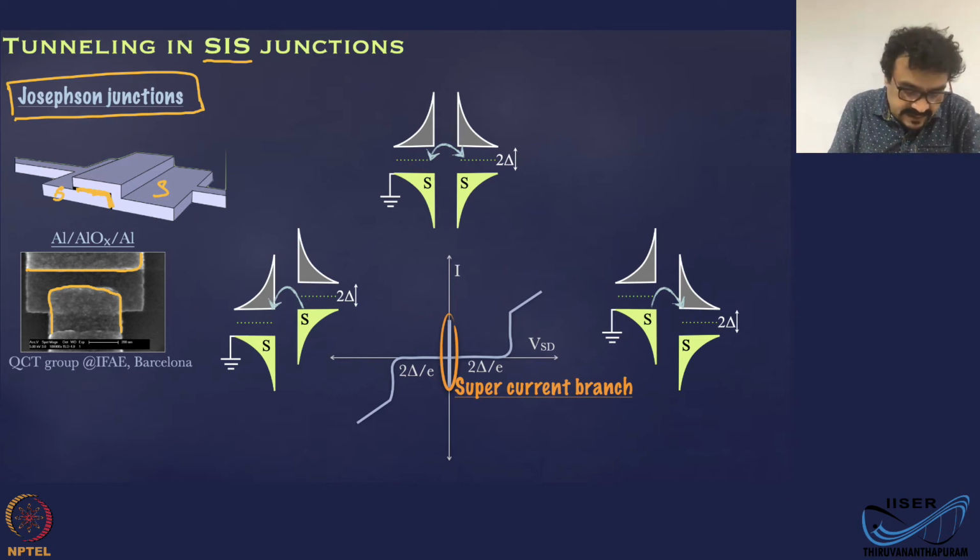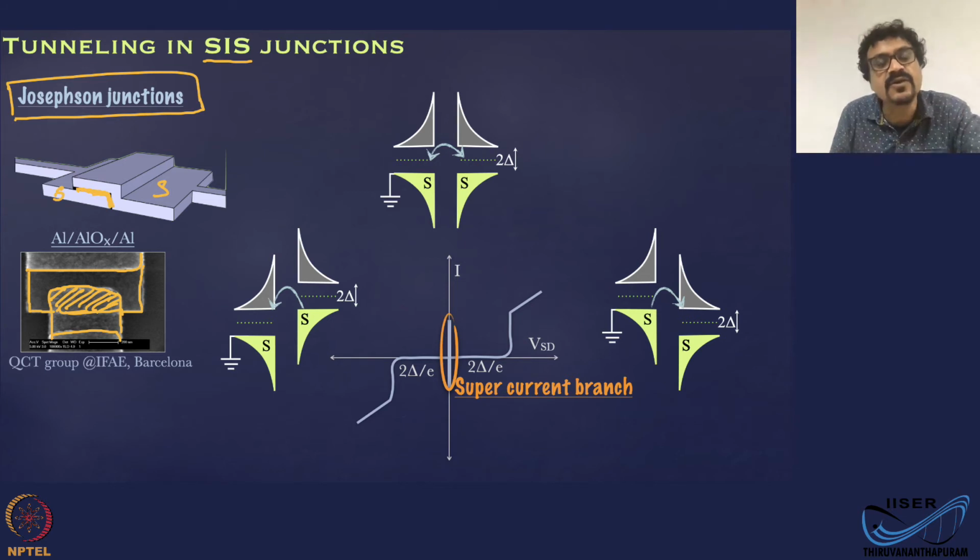Then the other evaporation is this one and this one. But underneath this electrode, this overlapping region, there is a thin oxide also. You have two evaporations. It doesn't matter which way you do it. You can do this way or you can do this way.